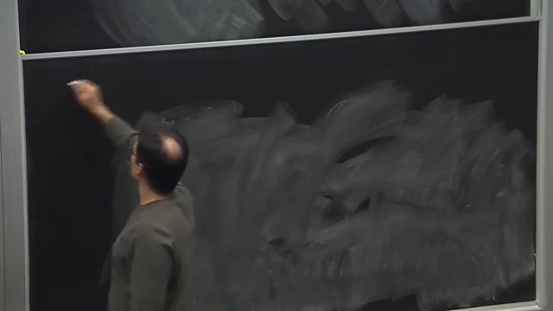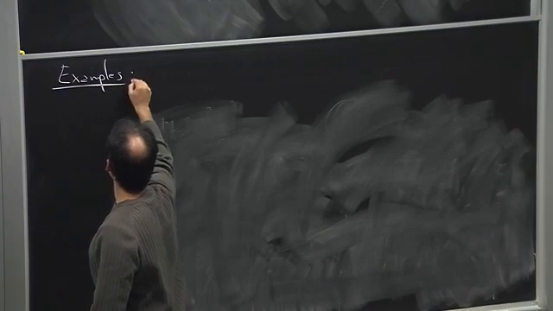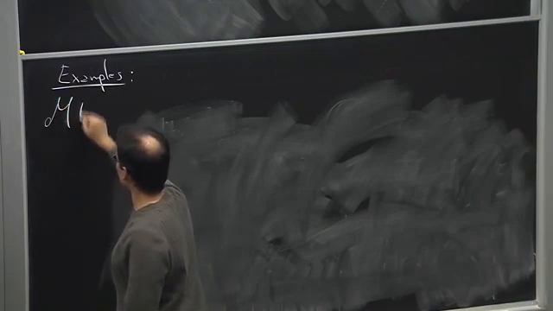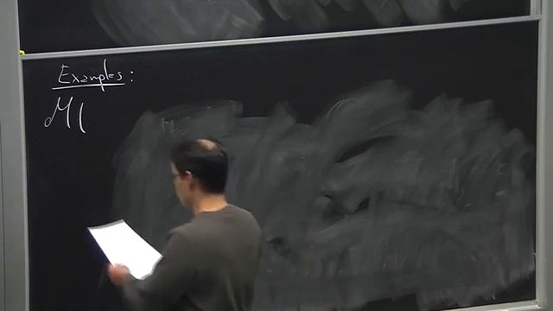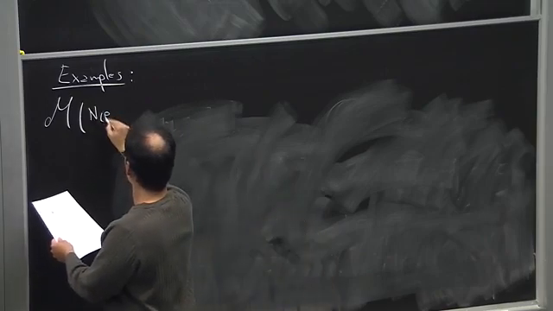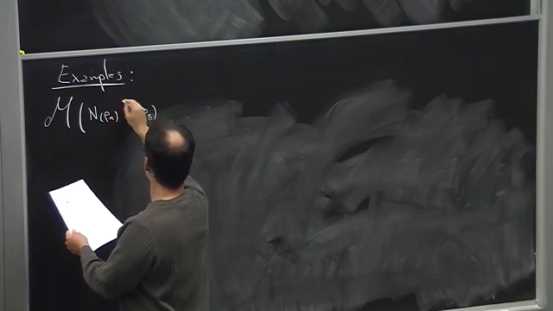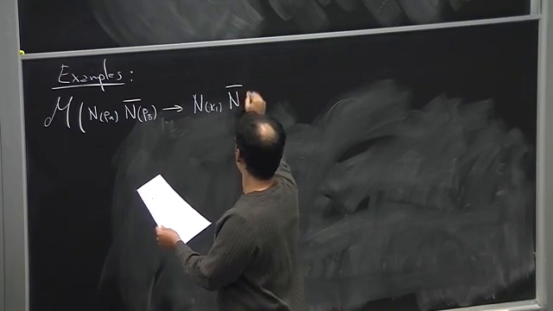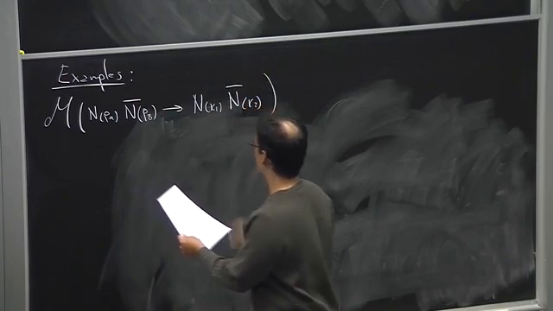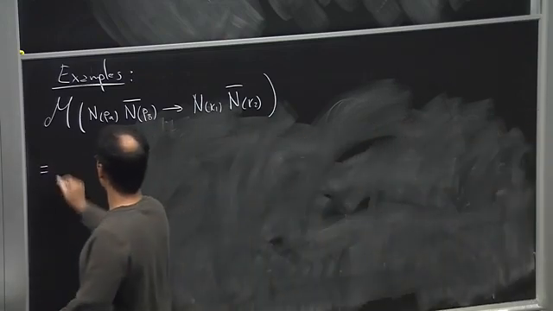Very good. So now, let's do some examples. Imagine that we are scattering, say, a nucleon and an antinucleon, and producing another nucleon and an antinucleon. Okay? So what are the Feynman diagrams I have to draw?